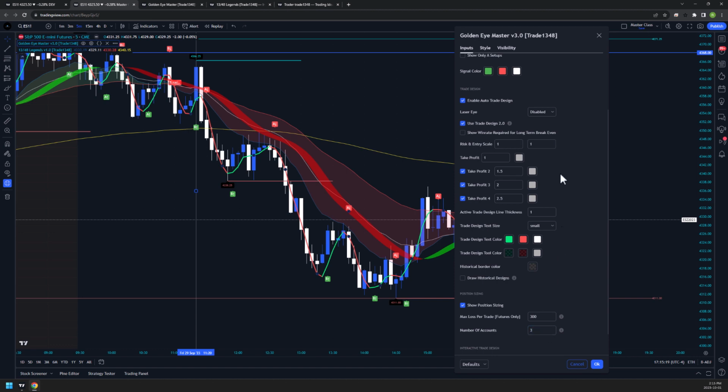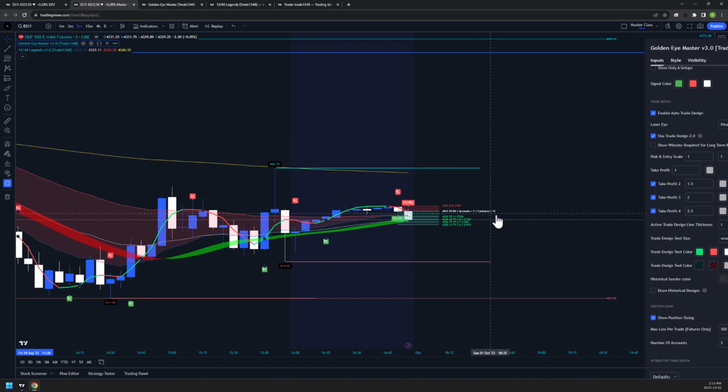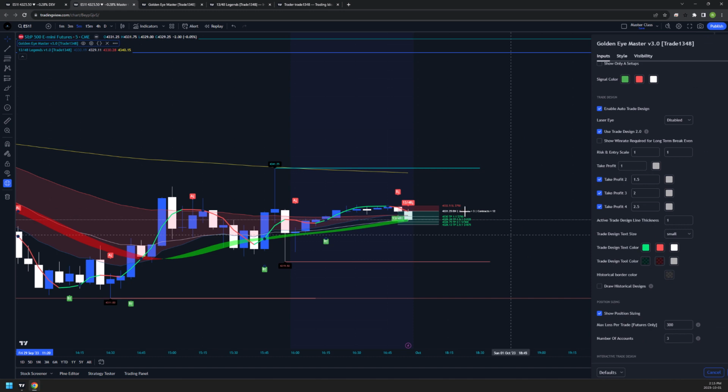So I'm going to set this to 3. What that does is it scales the contract sizes according to the number of accounts you've set, because Trade08 expects you to specify the contract size, the total number of contracts across all the accounts. This thing does the math for you.